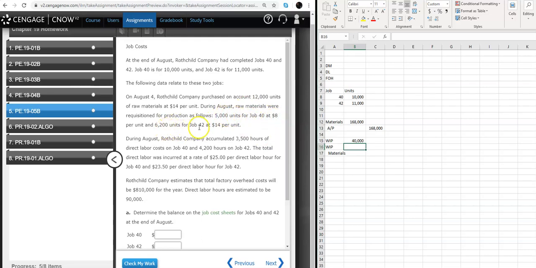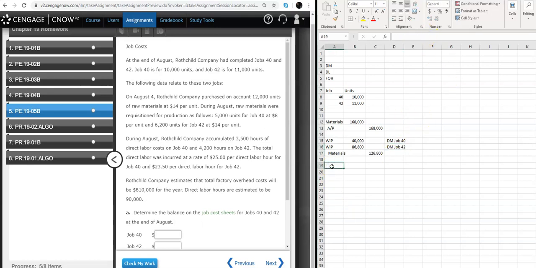And then 6,200 units for job 42, 6,200 at $14 per unit. And the total amount of materials that I take out of raw and put into work in process is that. So I know that this is actually direct materials for job 40 and direct materials for job 42. So I'm just going to keep going and see what else they throw at me.